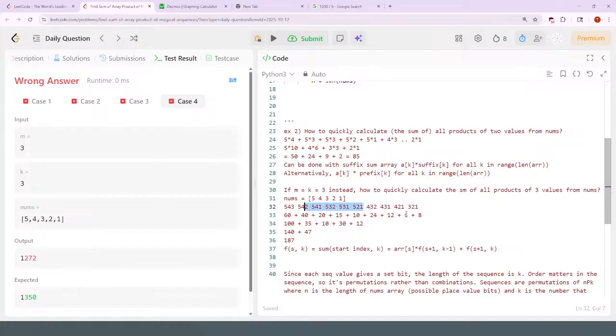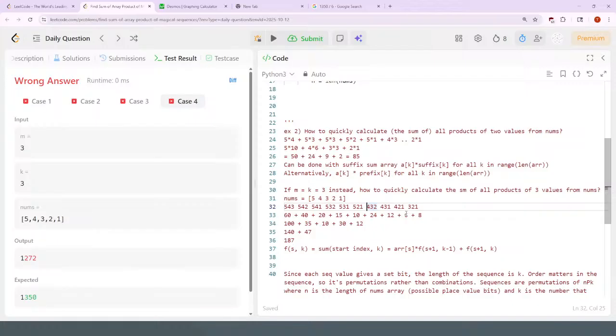So 5, and then from the remaining 4 choose 2 of them. 4 choose 2 should give me 6: 1, 2, 3, 4, 5, 6.